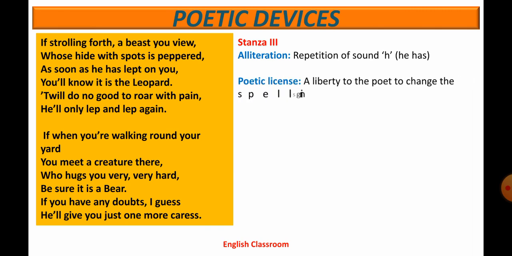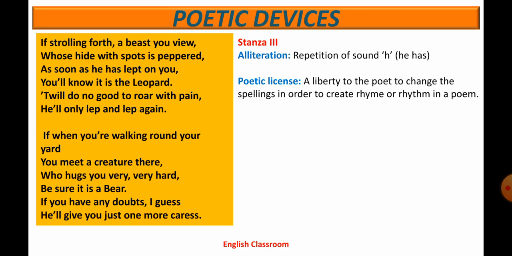Okay. Then you find here poetic license. It's very important here. In this poem, you can find that the poet has used some of his own terms, like the word lep, twill. It is "it will," not twill. So the poet has the liberty to change the spellings in order to create rhyme or rhythm in a poem. This liberty is called poetic license.